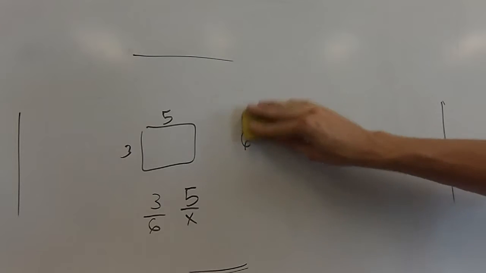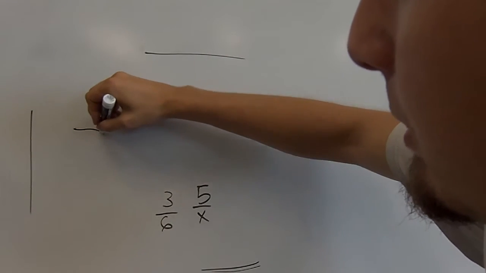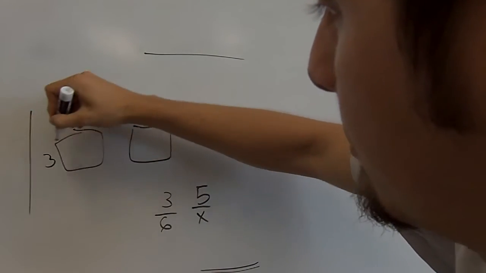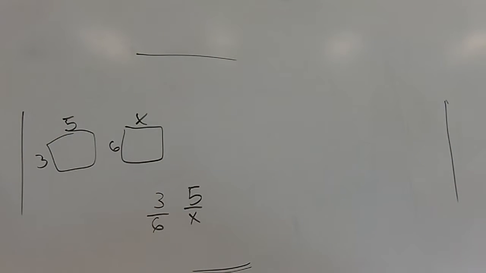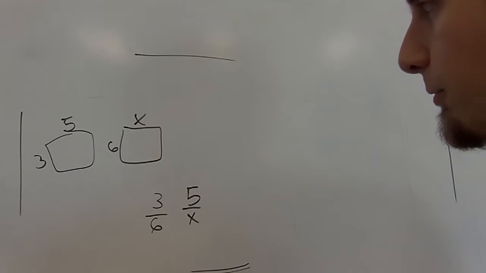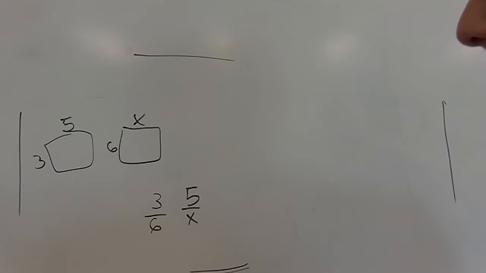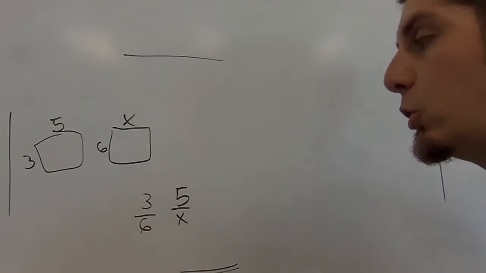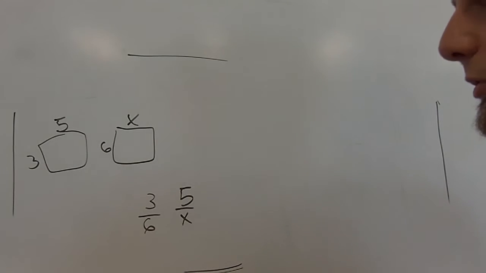Okay, so I'm going to move my squares over a bit. So here are my rectangles. Here's a rectangle. Here's a rectangle. So we had a 3, a 6, a 5, and an x. Okay, so here are my two fractions representing the corresponding sides. The key thing to remember is, since all corresponding sides share the same ratio, that means all the corresponding sides create equivalent fractions.